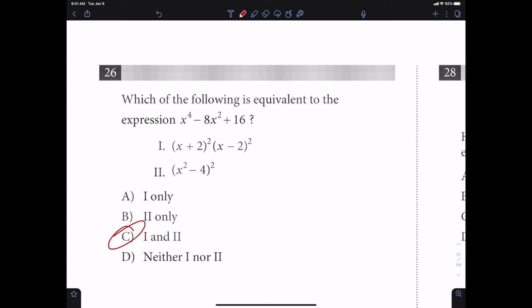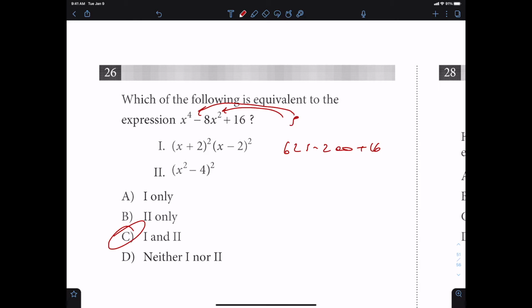Now, if you don't have a graphing calculator, something you can do is plug a random number, let's choose 5 or something. Plug it into this function. Whatever you get here, so we would get, let's see, 5 to the 4th, which is 625, minus 8 times 25, which is 200, plus 16.